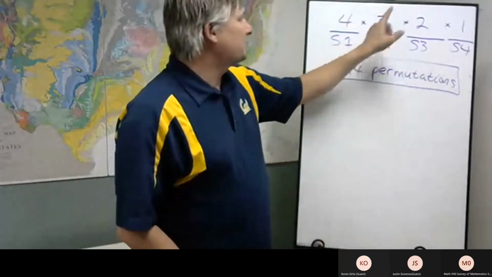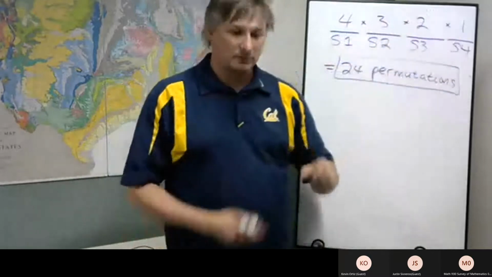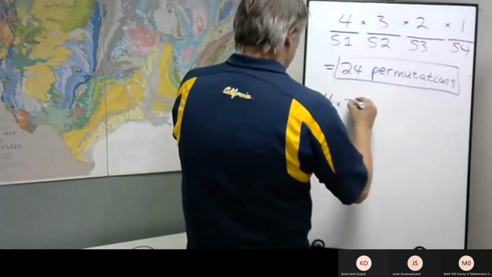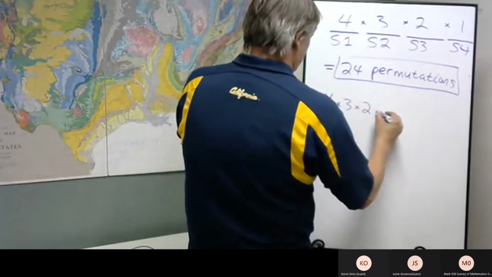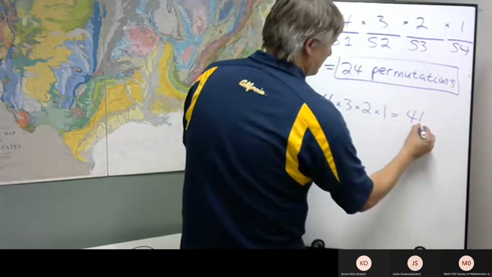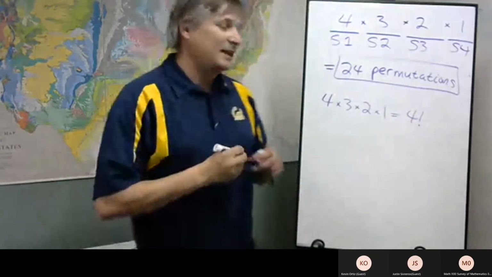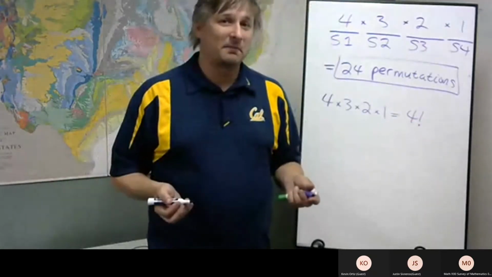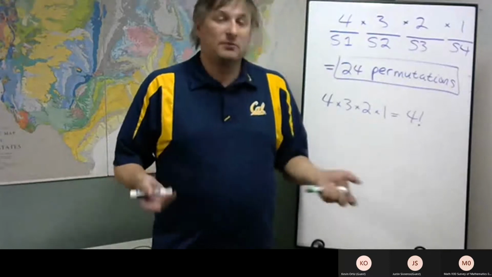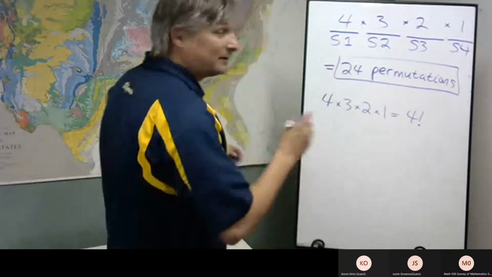We have 4 times 3 times 2 times 1. Well, that's just 4 factorial. So here's a formula. It's not in the text, but we'll use it to build the formula in the text. It's going to be this.